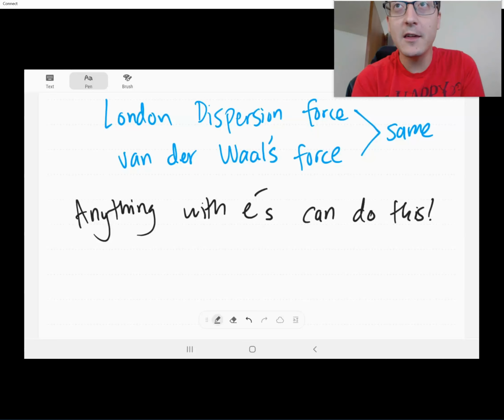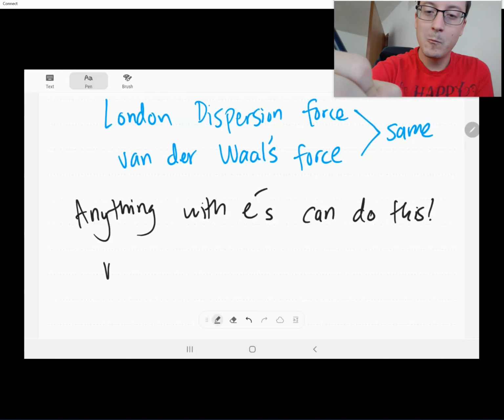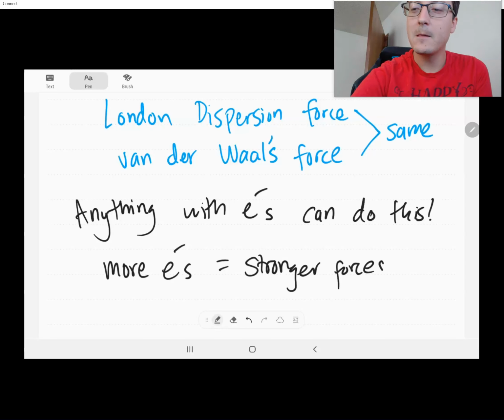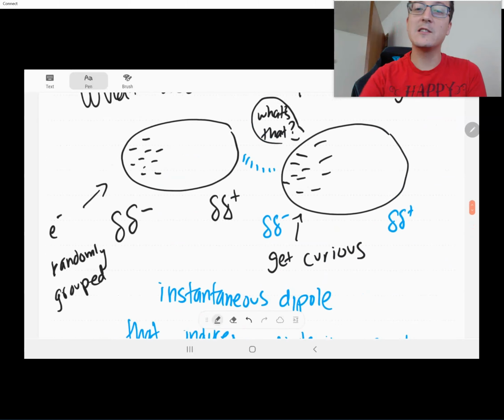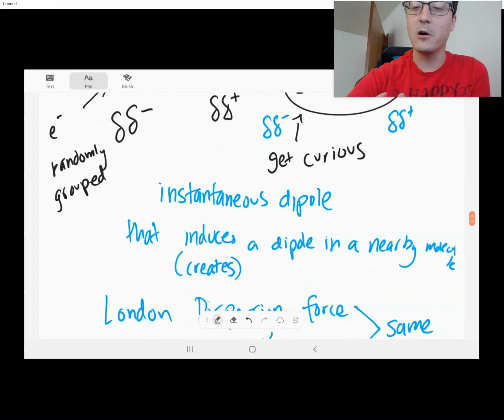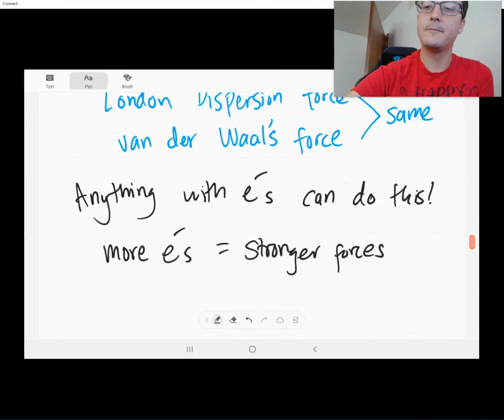However, more electrons equals stronger forces. The more electrons you have, the more that can swarm to one side. That makes your dipole a little bit bigger, right? You're going to have more negative on one side, more positive on the other side, and that's going to be a little bit stronger.